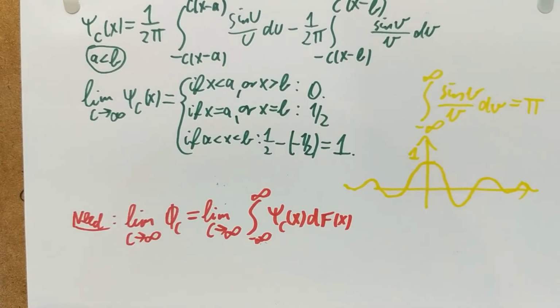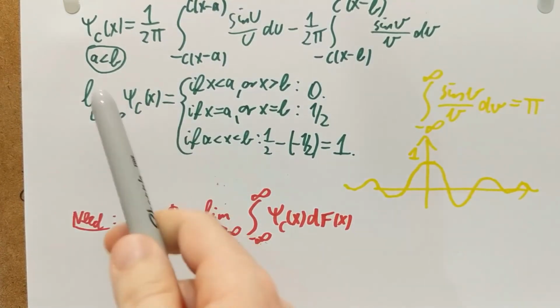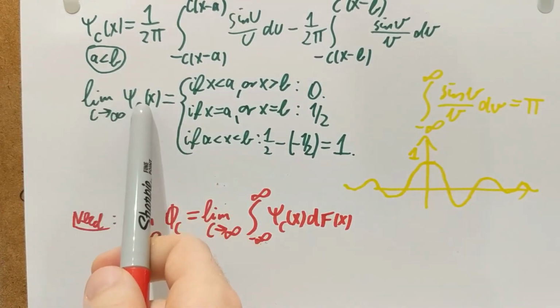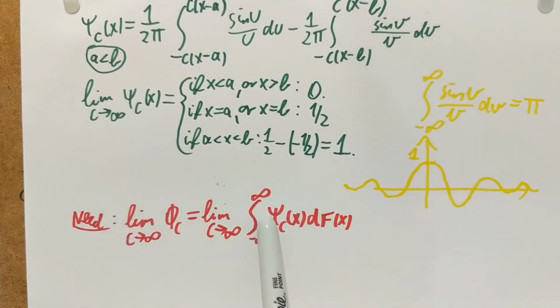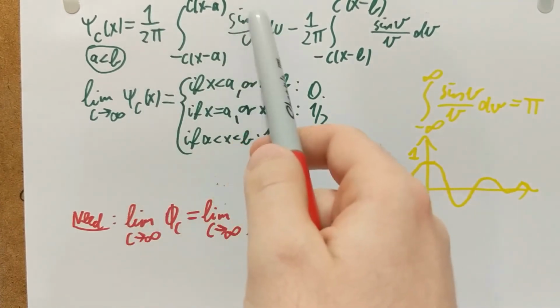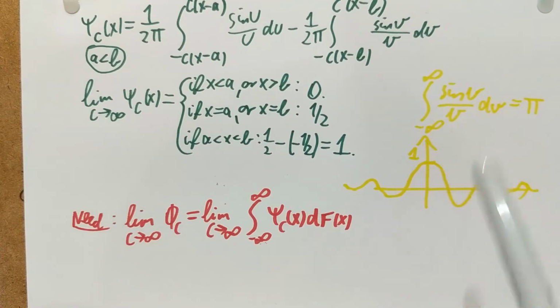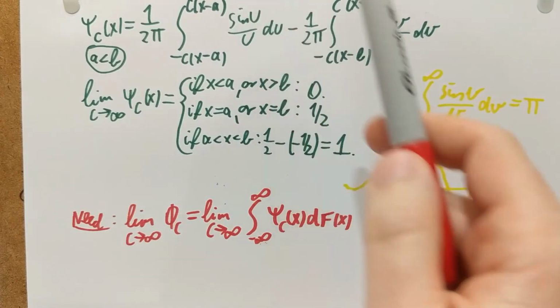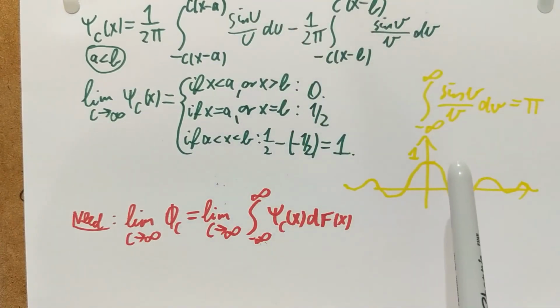And now what I did so far is I concluded the limit of psi. However, this limit is outside the integration. So I'm not completely done yet. The next observation I want to make is that this psi here, the integration of sine u over u, behaves nicely, as I mentioned before. It's never going to blow up.